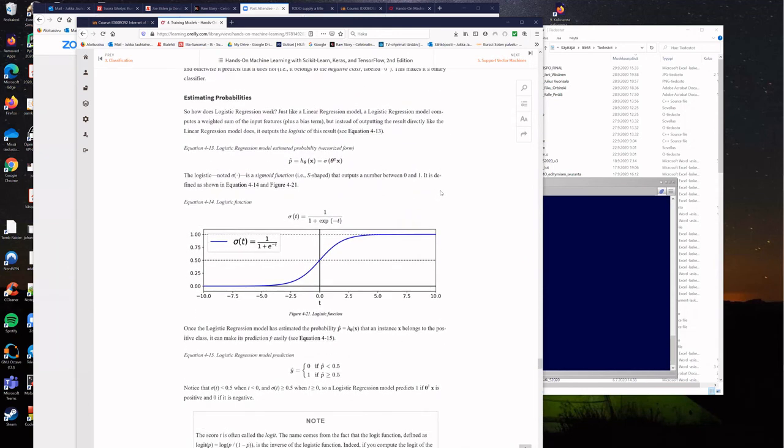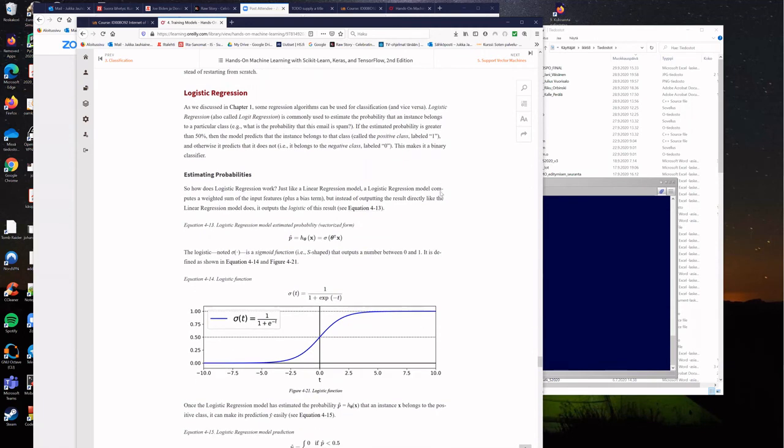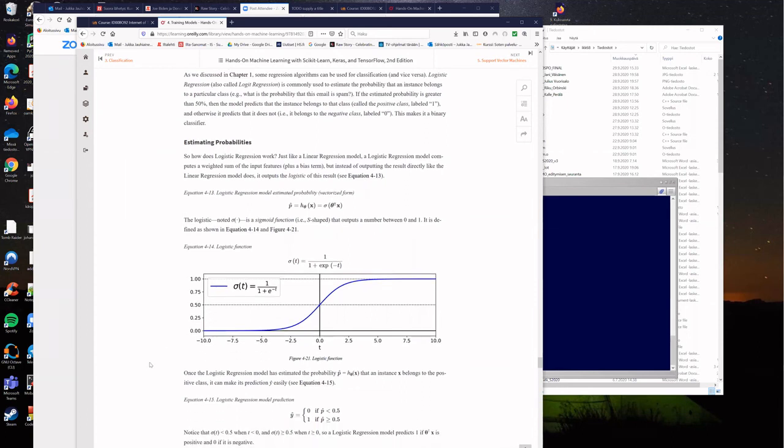Just a few words about the logistic regression. Here we have basically a method to model the two options: either something is true or false. You see the shape of the function here.